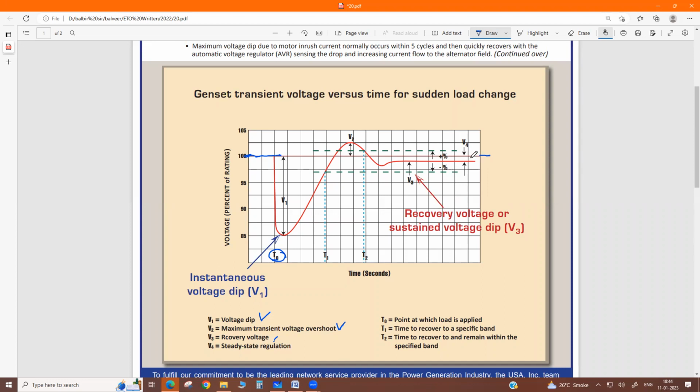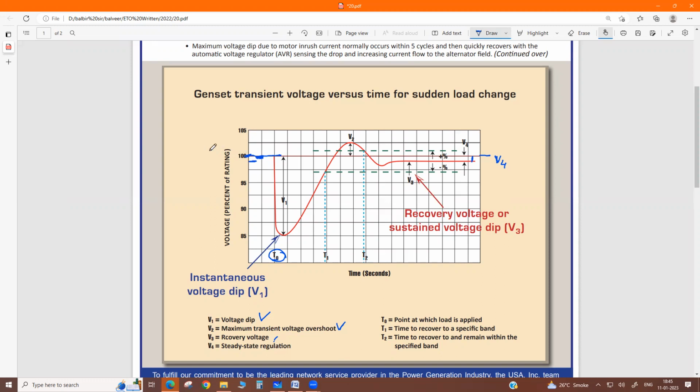Now there is a variation here. V4 is the voltage regulation, meaning the variation from your reference value to this value. So V4 is the percentage voltage drop. V3 is the recovery voltage after this value, suppose it is 440 or some value.